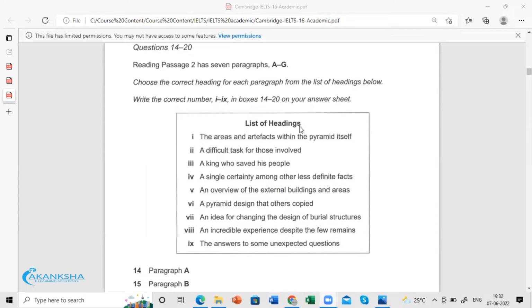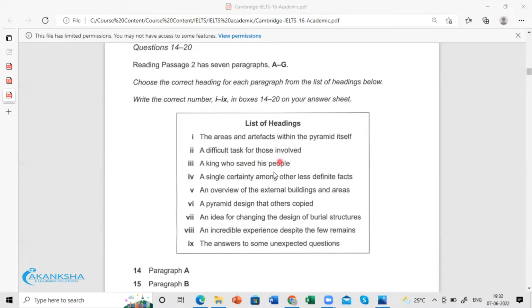Now we'll see areas and artifacts within the pyramid itself. Are they talking about areas and artifacts within the pyramid? They're not talking about artifacts anywhere in the first paragraph, so that first one can't be the answer. And second one, a difficult task for those involved. They're not discussing anything that is difficult or easy here.